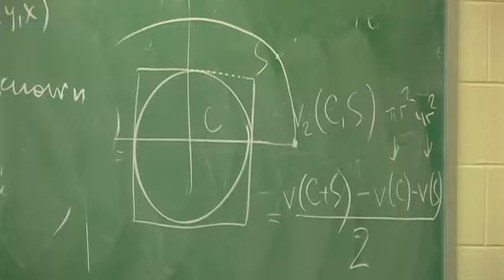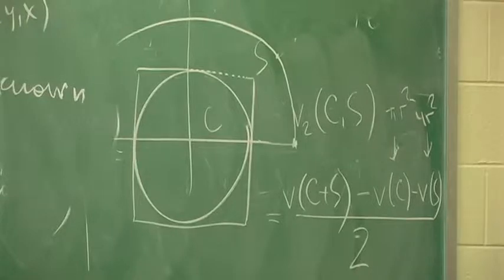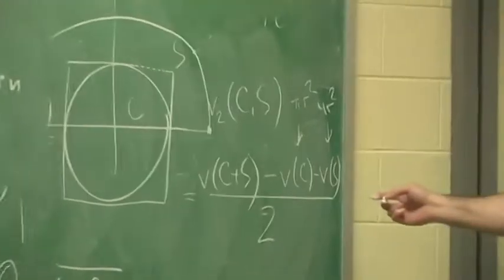Do you like it? This is called the mixed volume of the pair circle, square. It is symmetric. The order of circle and square is not important, but it is a number.